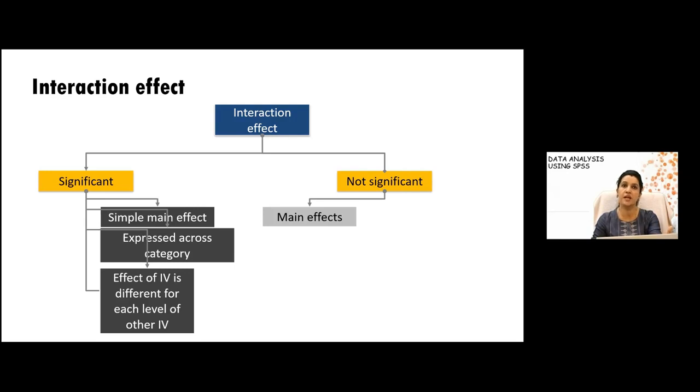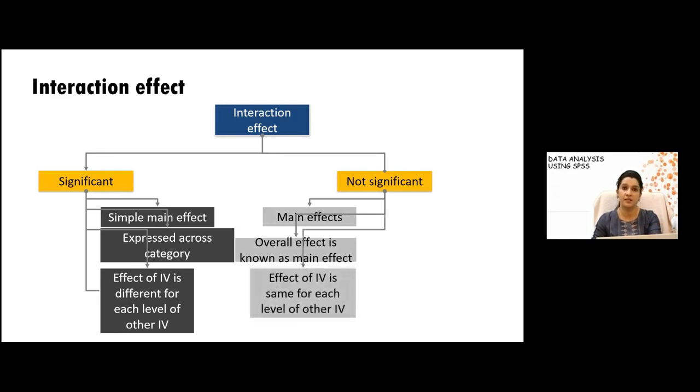But if the interaction is not significant, then we don't need to report the effect of interaction, and we will report the main effect. And in this case, the effect of the independent variable will be the same for each level of the other independent variable.